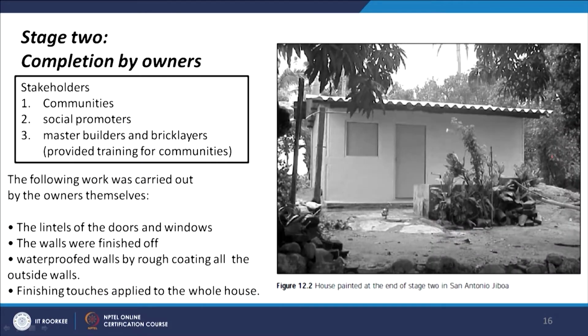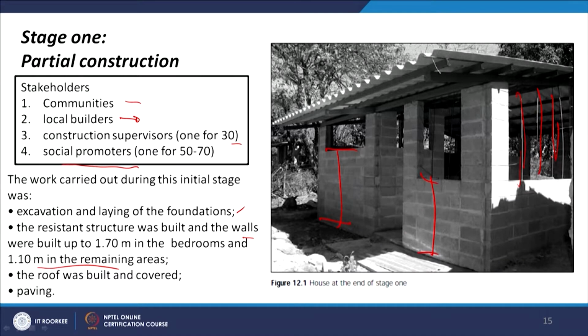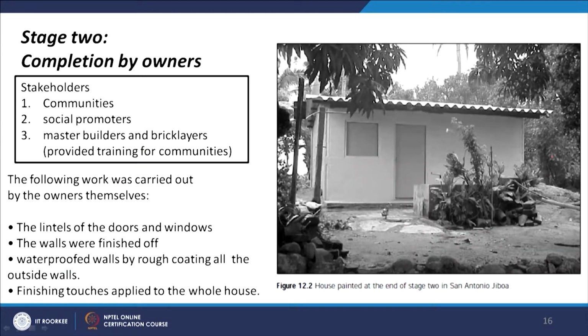Then stage 2 is the completion by owners. Communities also provided. In the earlier stage, the materials were provided because these concrete blocks were not available locally, so the agencies provided the concrete blocks. But here, the communities, as per their feasibilities and available resources, developed it.